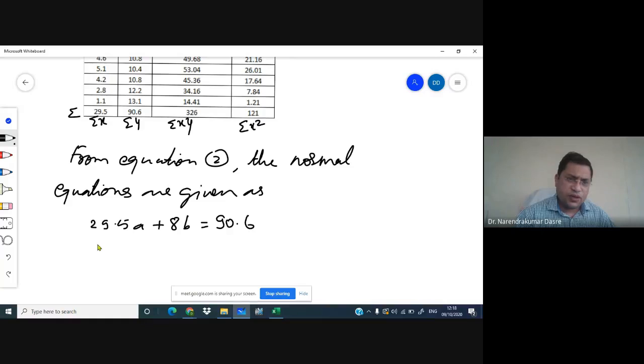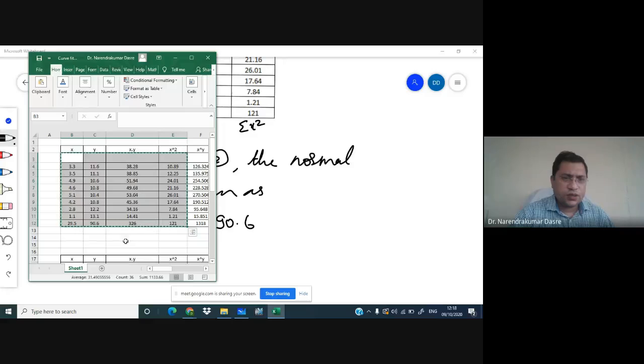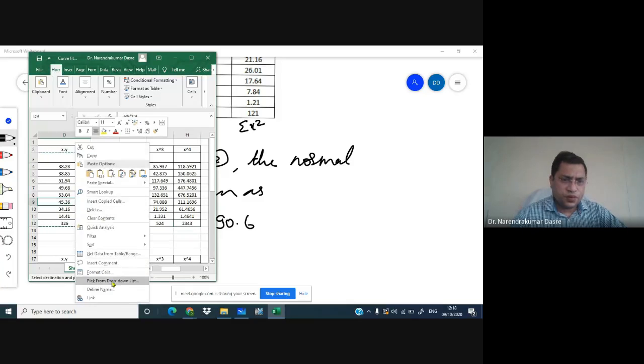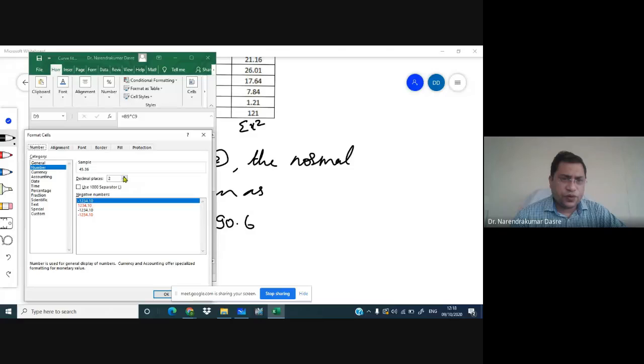Then we have x square, so you'll have 121. Please have the correct values.